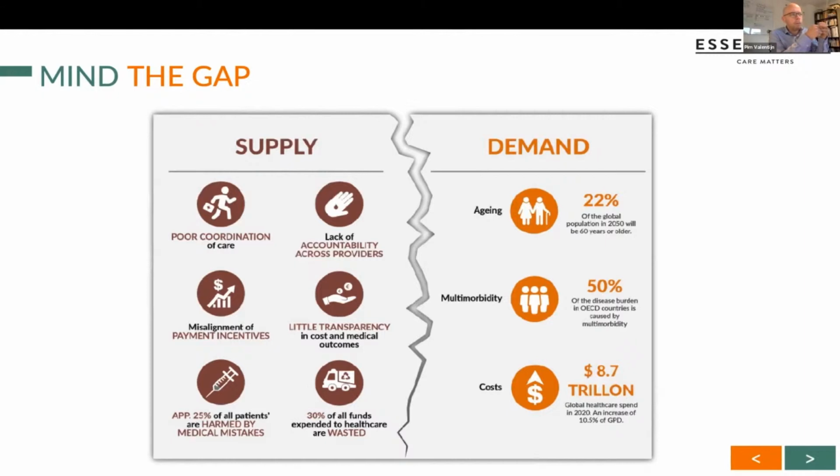Another problem we're facing: the main aim of integrated care is achieving the triple aim. If you want to do that, we need transparency in outcomes, so transparency in quality, cost, and experience outcomes. In an average healthcare system or country, there's a lack of transparency in terms of outcomes.